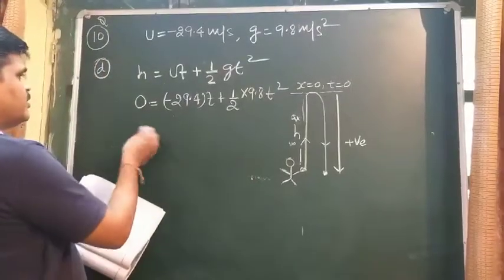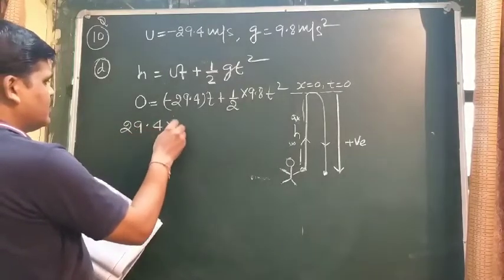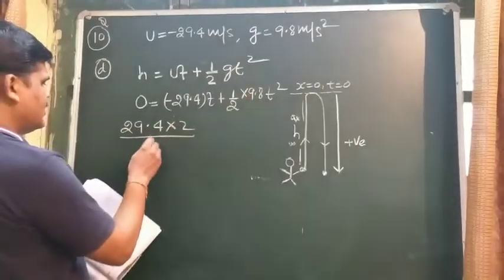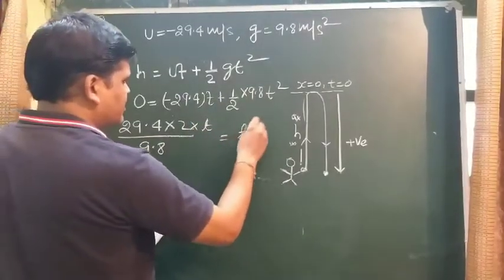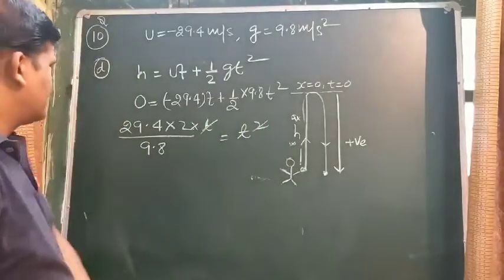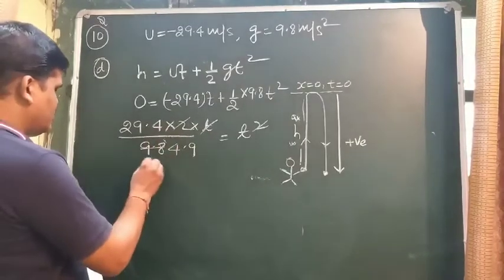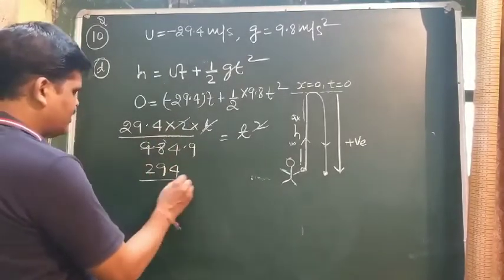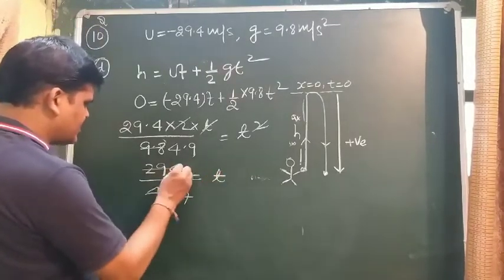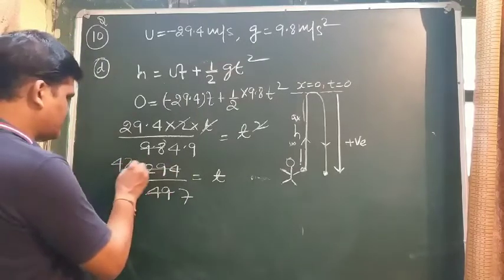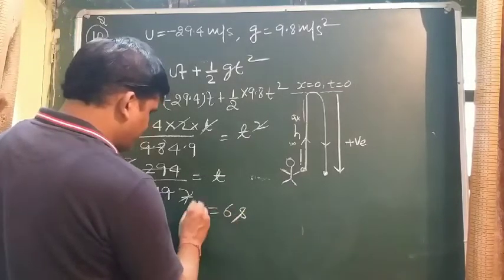Transferring the 2 also here, it comes out to be 29.4 into 2 divided by 9.8, and t square over t, t cancels out, so 294 by 49, and so t is equal to 6 seconds.